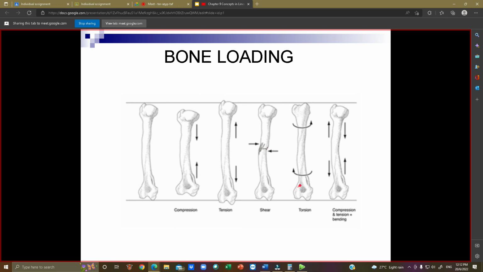But when we give torsion, it will shatter. Okay, our bone is not programmed to face torsion force. Dia diprogramkan untuk compression force. And then finally we have combination of both torsion and compression. Okay, torsion and bending. This is the most complicated type of force lah.